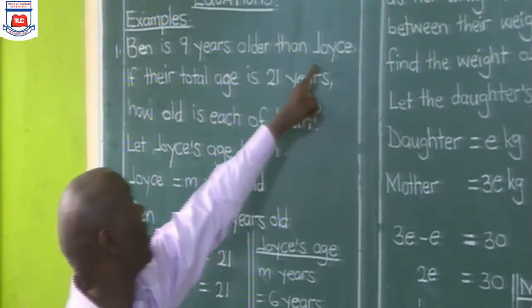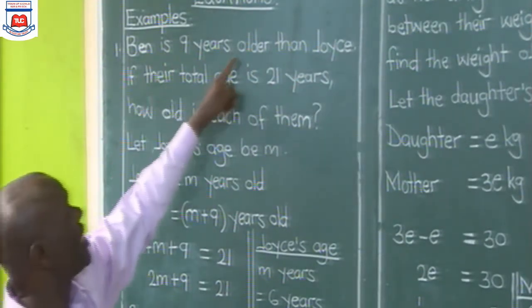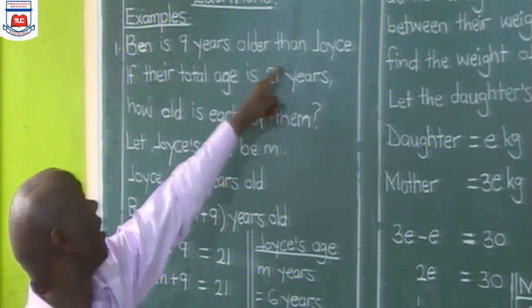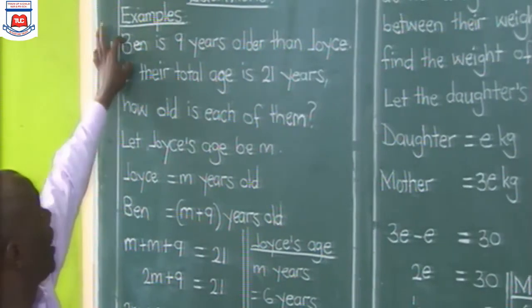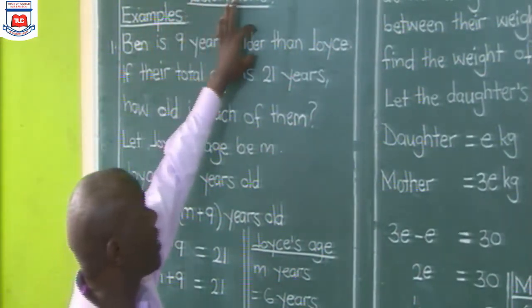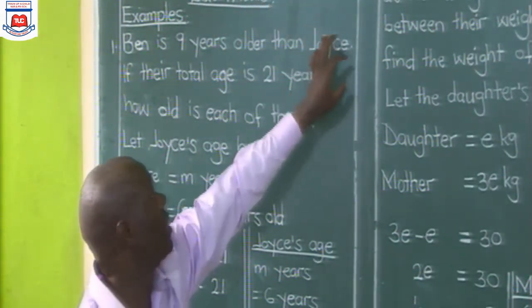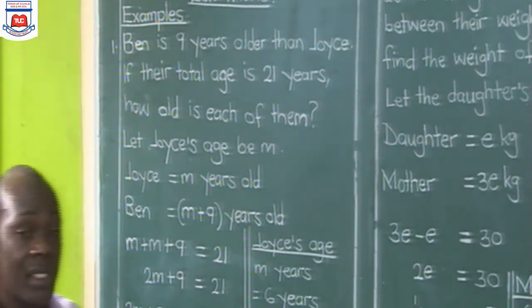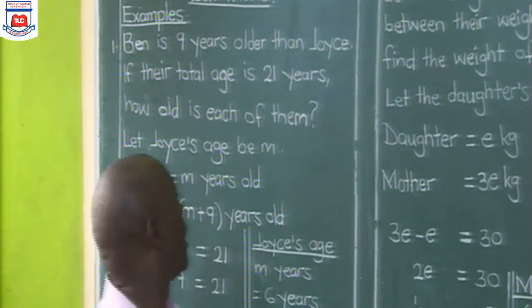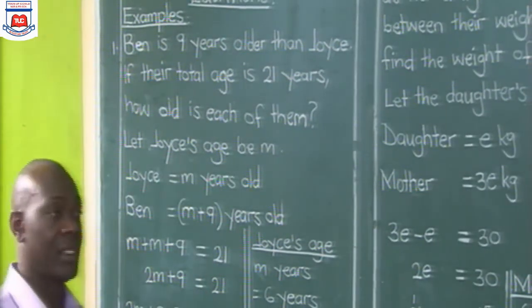So we say Joyce is 9 years younger than Ben.